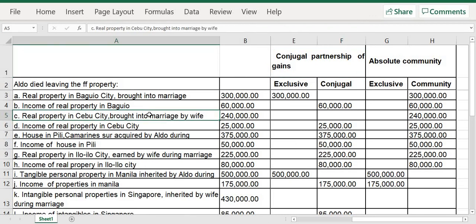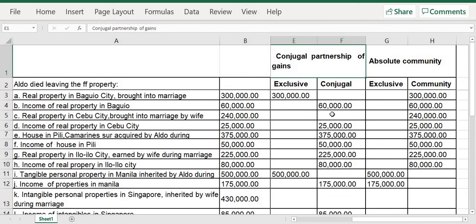So, again, back to the illustration. Letter C, may real property daw si wife, prior to the marriage pa. Kasi brought into marriage. For 240,000. Under conjugal partnership of gains, hindi iyon part ng conjugal property nila. Kasi nga, lahat ng properties ni husband o ni wife prior to their marriage, under conjugal partnership of gains, exclusive properties nila yon.